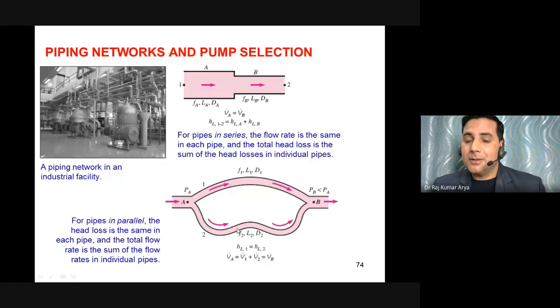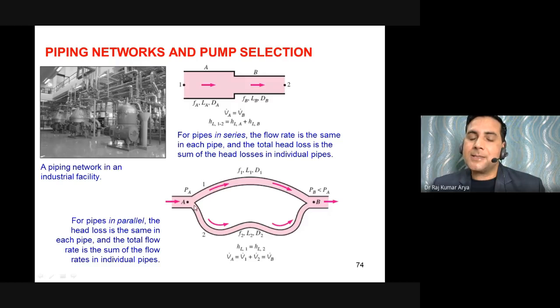By chance this length L1 is low and this length L2 is high, so this velocity would be higher compared to this, because whatever fluid particles leave from here at the same time have to travel all the distances in the same time, otherwise there would be a lag.